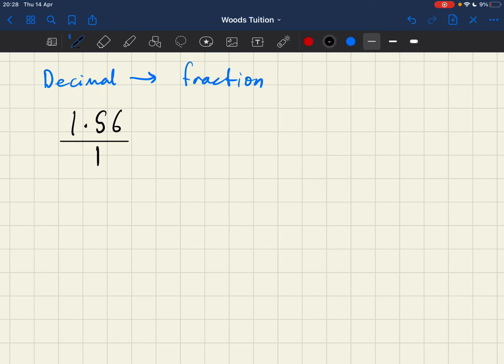Now, conventionally, we can't keep the fractions with a decimal place inside them. So we have to get rid of this decimal place. So what we'll do here is we'll times it by 100. And always remember with fractions, whatever you do to the top half, you have to do to the bottom half. So here we're going to have 156 over 100. And you'd be able to divide that and simplify it down. So if we divide the top by 2, we have to divide the bottom by 2.